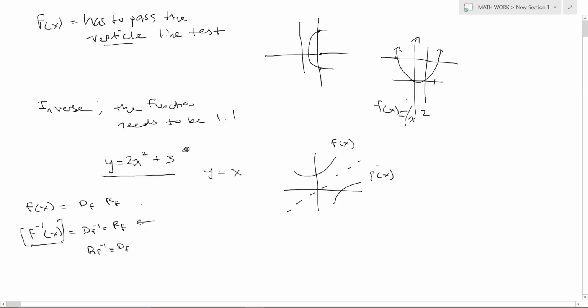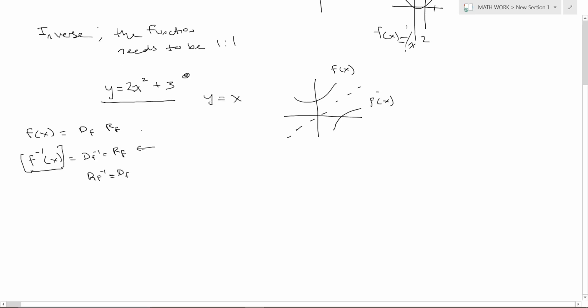I don't know if that confused you. Kind of confused myself. Sorry. But anyways, just keep that in mind. Always keep in mind that it's reflected across y equals x, and that the domain and range of the original function are switched for the inverse function, right? Okay, so those are a few properties.